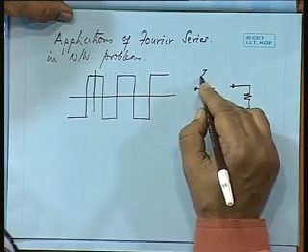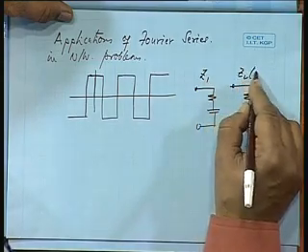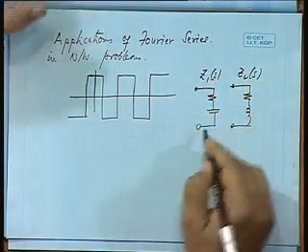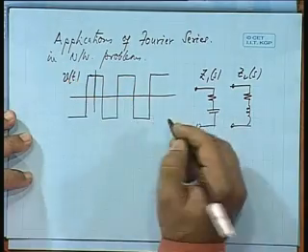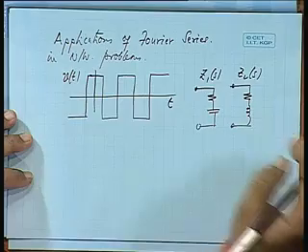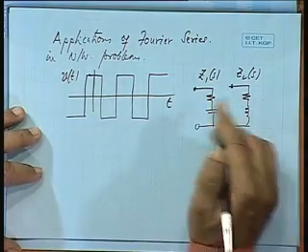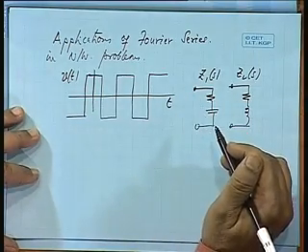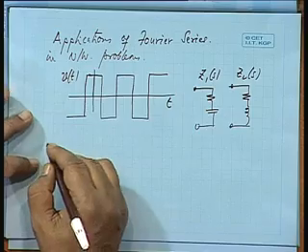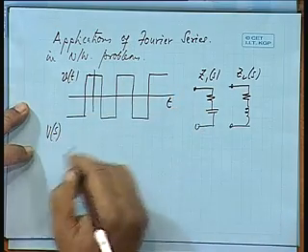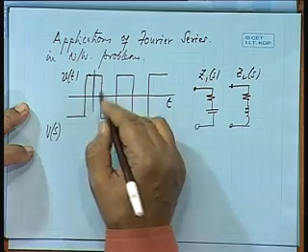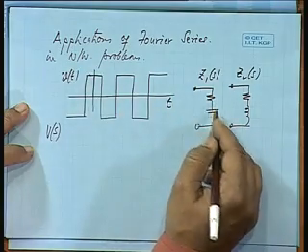Say network may consist of R and C, or a simple network we can consider, say, R and L. There are two networks, say Z1 and Z2. What will be the response if this is the voltage applied, periodic voltage applied across these two networks? What will be the current like?